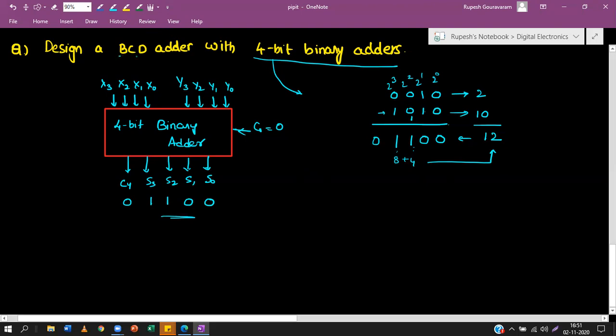Now, what is a BCD? Let us see what is BCD. BCD means binary coded decimal.